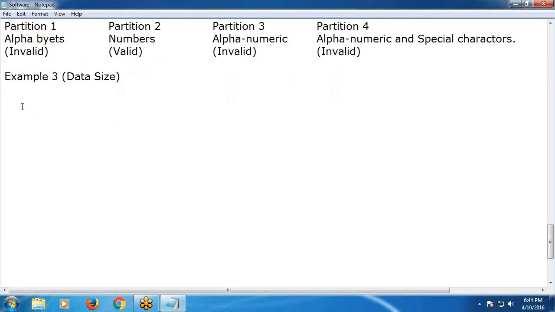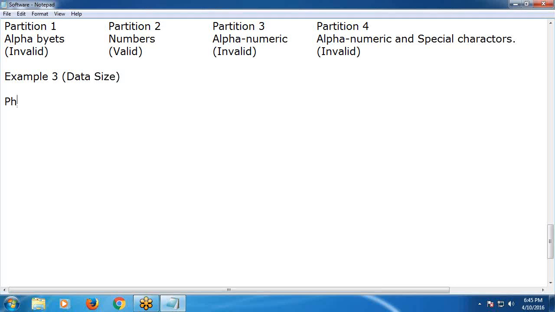Size. Suppose the phone number field accepts 10 digits only, numeric data only. Here we have to focus on 10-digit size and numeric type also, but you concentrate on size. First size.